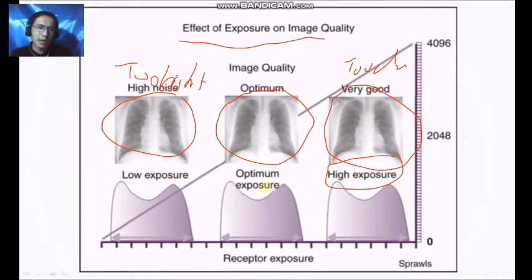Okay, so that means no matter if the radiograph you took is too bright or too dark, as long as you have the automatic scaling system, it will display it as this.